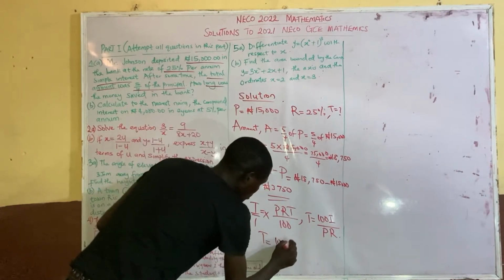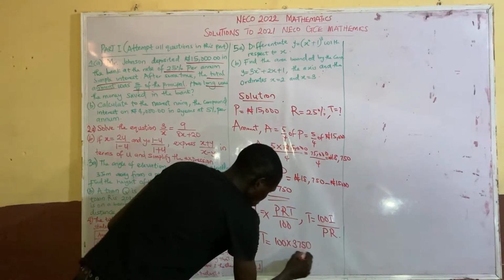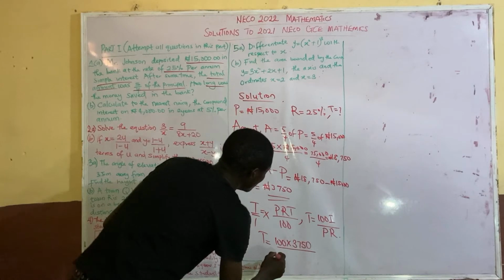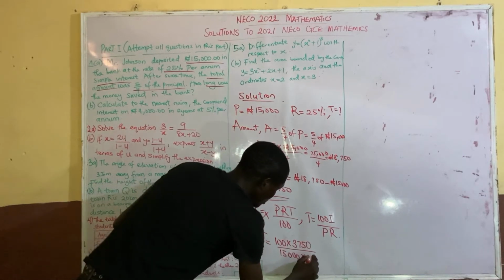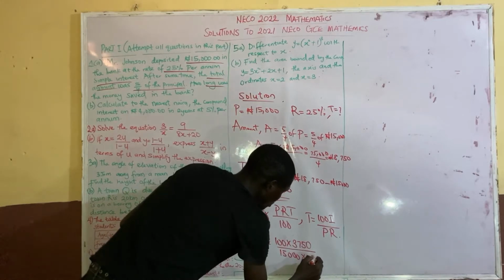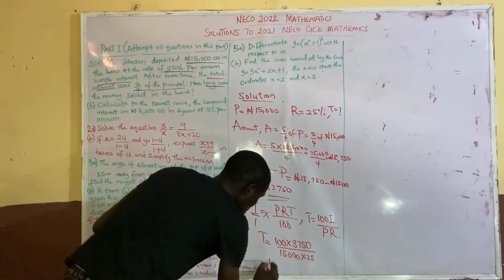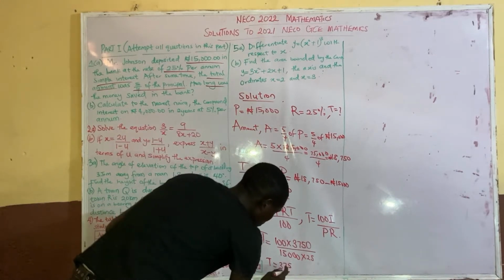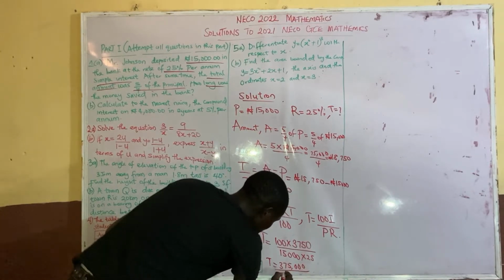Substituting the parameters, we have 100 multiplied by 3,750 all over the principal, which is 15,000, multiplied by 25. When you press this on the calculator, you get T equals 375,000 over 375,000.